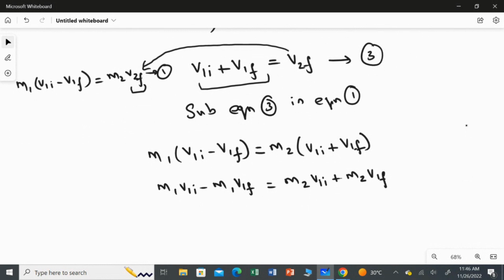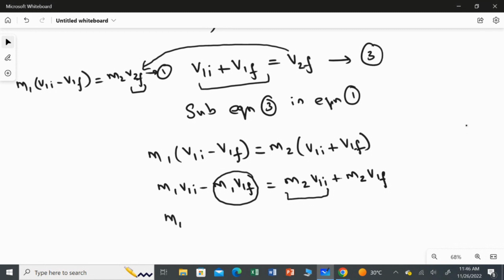Understand? Okay. Now I'm going to make a small rearrangement of the equation. I'm going to separate the terms with V1 initial on one side, and the terms with V1 final on the other side. That means I'm going to move this term to the left hand side, and likewise move this term to the right hand side. Clear? So what will happen?